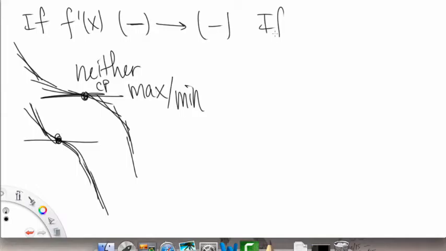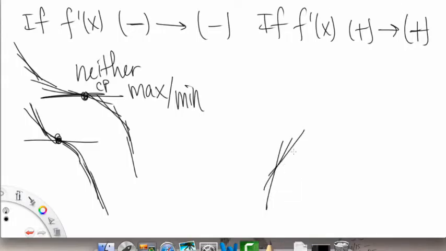Let's examine the other one. We'll see if our f prime of x goes from being positive to 0 to being positive again. What does that mean? We have positive slope, positive, positive, positive, but then it becomes 0 eventually. Here's 0, so this is a critical point, but then it just continues going up, being positive again.